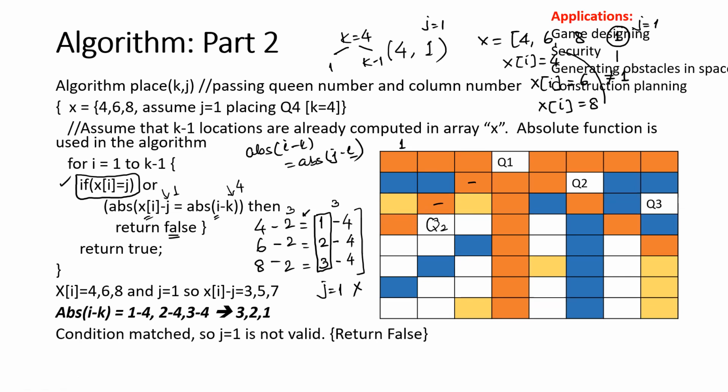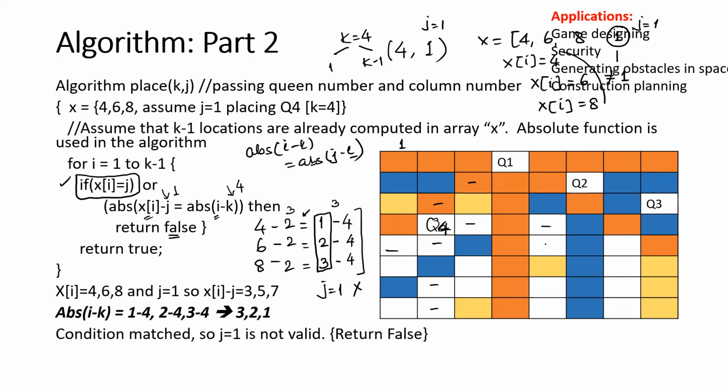Clear? Now, when we are saying column number 2 is permitted for Q4, all these cells will become invalid for the coming queens. And probably you can see that as you go down, the number of cells which are available for the queens will be further reduced.